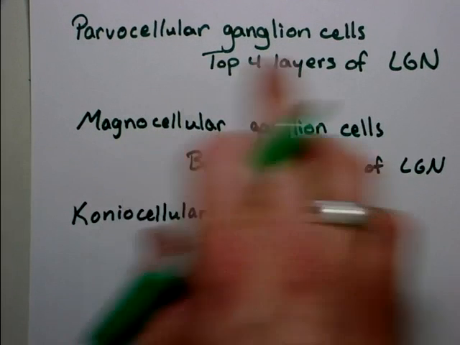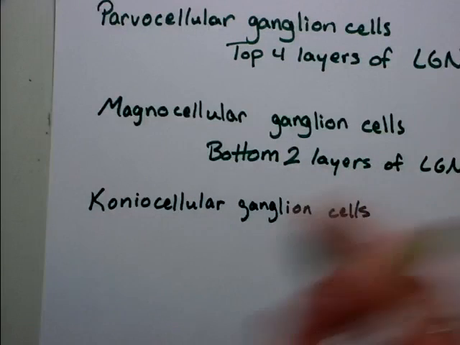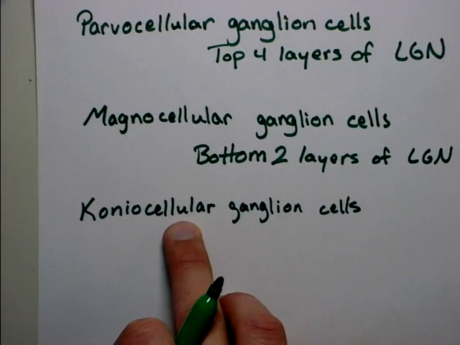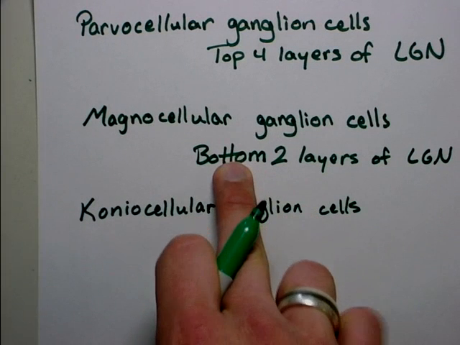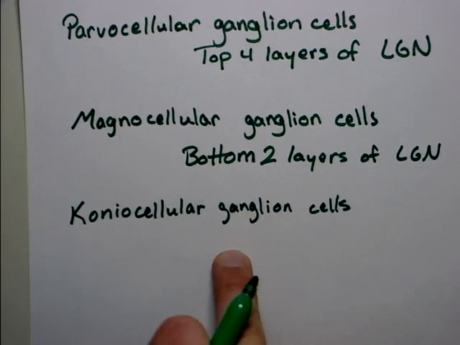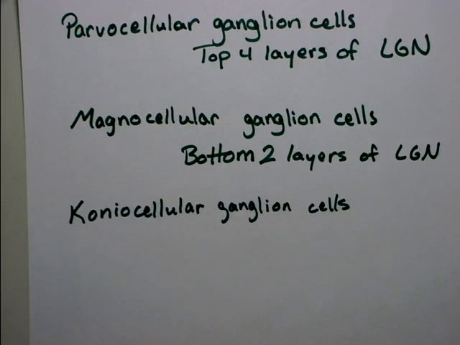So underneath each parvocellular layer, there's a koniocellular layer. Below each magnocellular layer of the LGN, there's a koniocellular layer. It's a layer cake, basically.